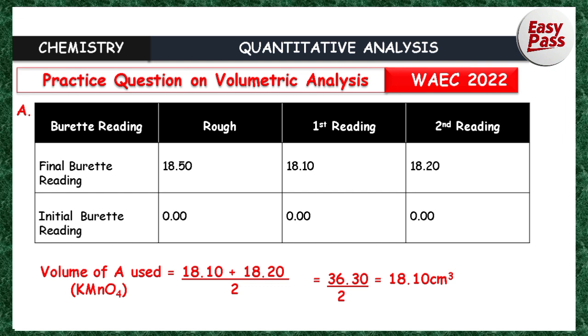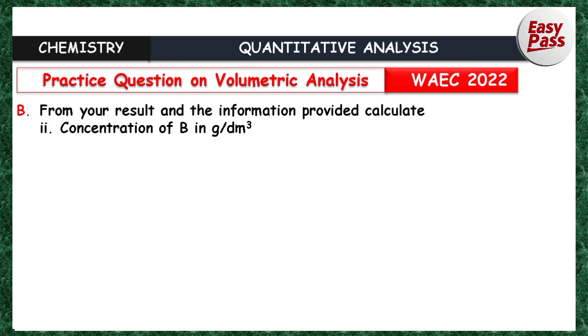You can have 80.15, you can have 80.2 centimeter cube. Also, the answer gotten for concentration of B in mole dm³ was approximately 0.1 mole dm³. Now, for the BII, they asked to calculate the concentration of B in gram dm³.